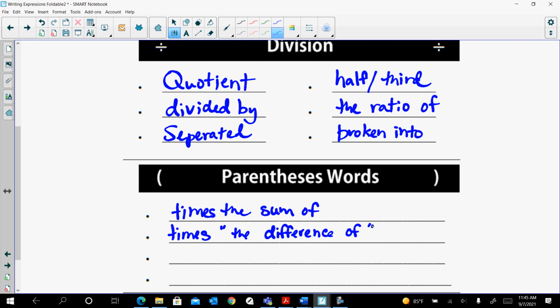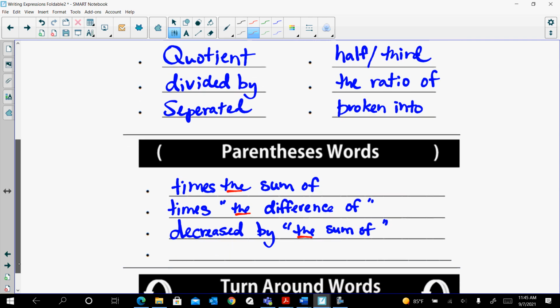okay? So I'm going to see times the, or I will read decrease by. If I have decrease by and then the word the sum, that word the is a real big indicator. It's really seeing this word that indicates parentheses.